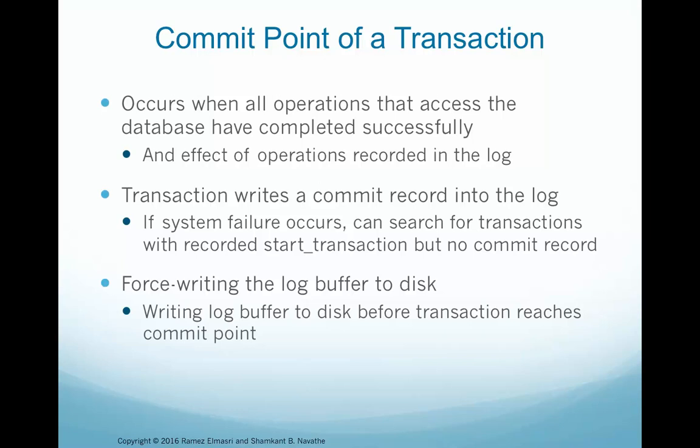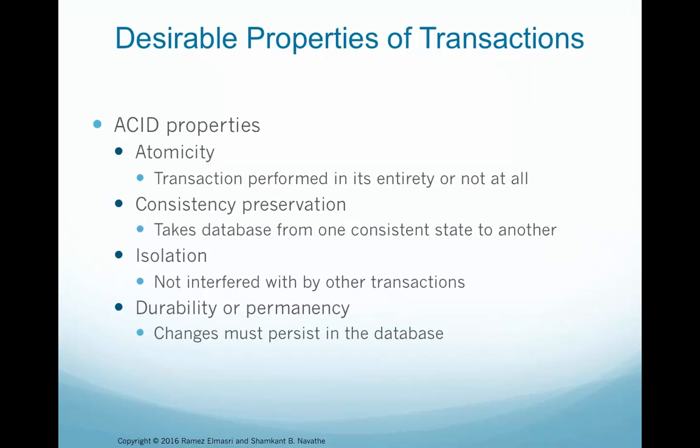So all of the actions, going backwards up until start transaction, can then be rolled back. That is, we undo all of those operations to make sure that the database is back to a consistent state. So that's the idea of the commit points.